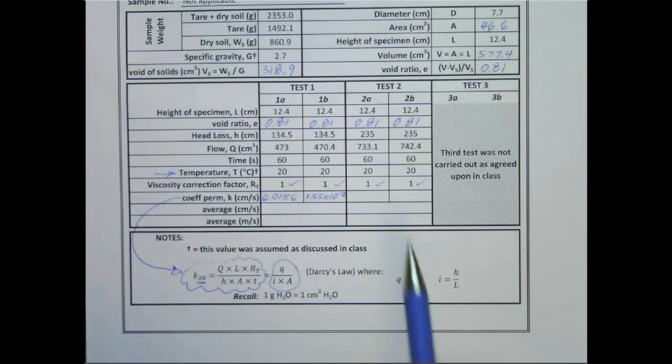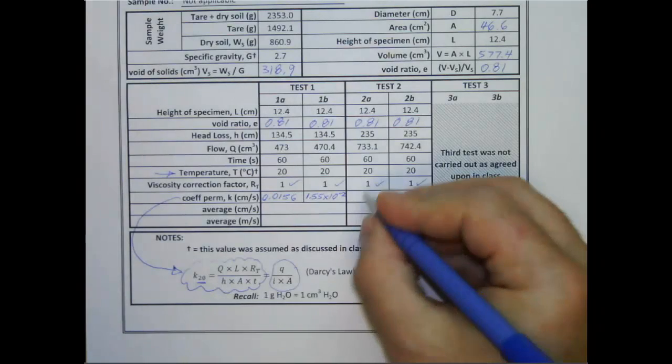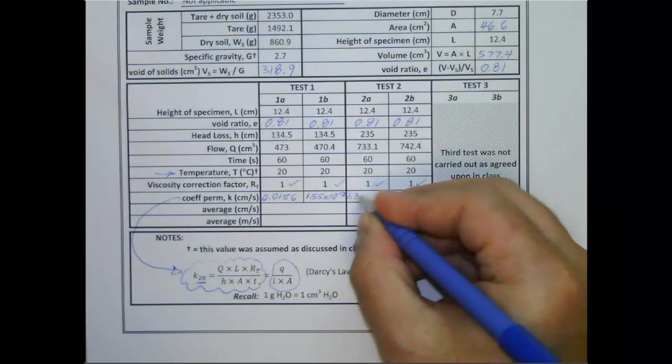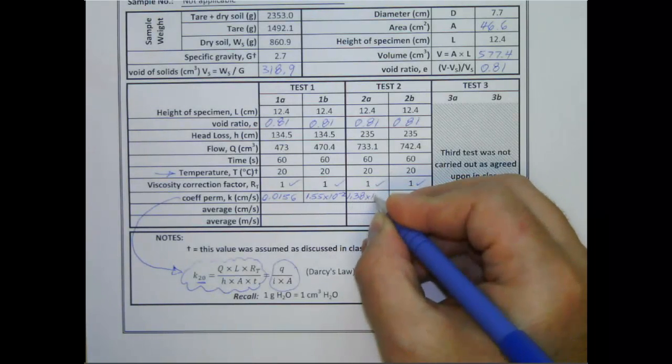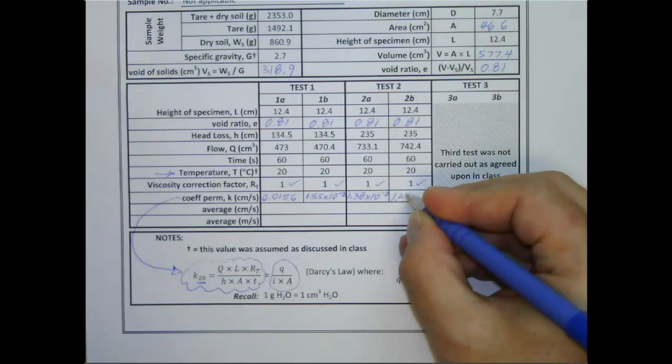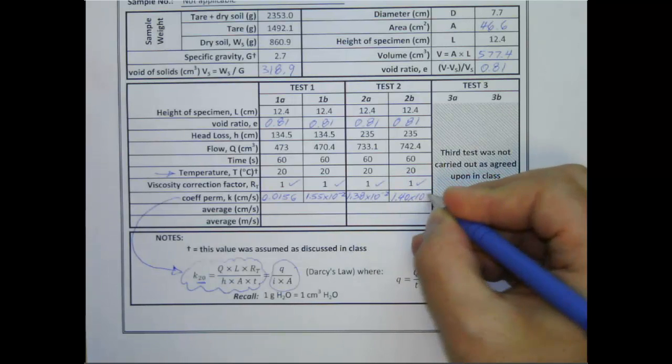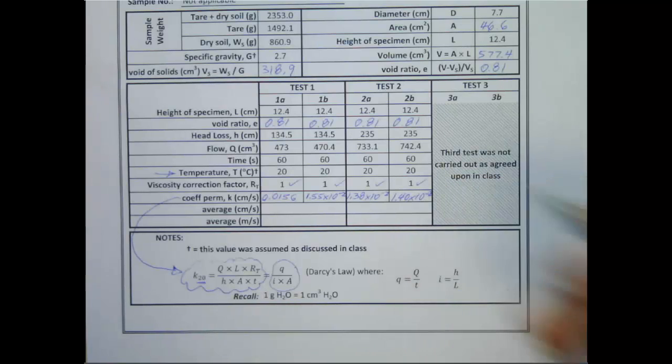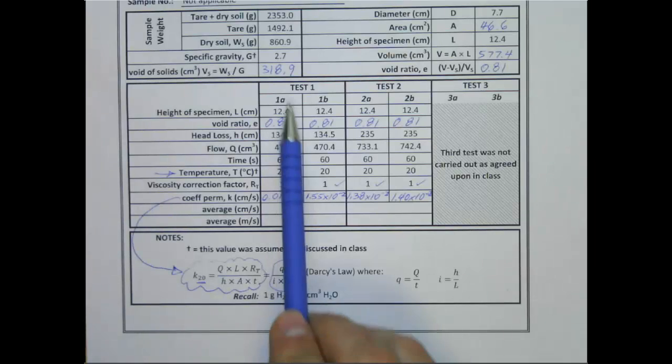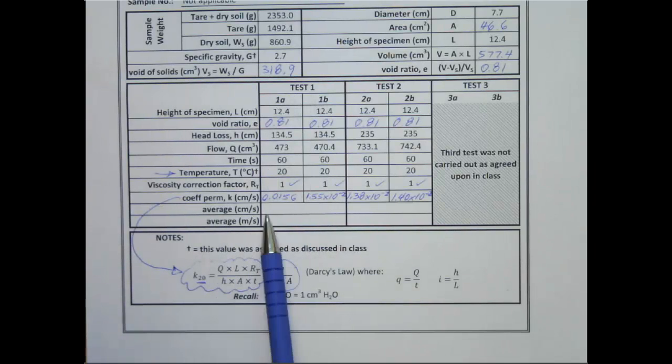So similarly, for 2a and 2b, based on these numbers, the values are, 3 out of 4 times, 1.38 times 10 to the minus 2 here, and 1.40 times 10 to the minus 2 here. I'll show you in a moment why that's helpful. Not critical, but helpful. For 1a and 1b, we now have to calculate the average, right?